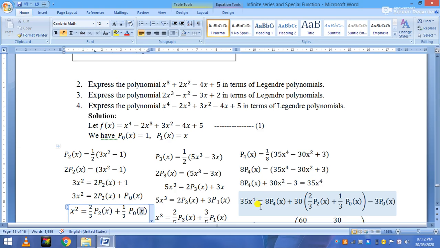35 x raised to 4 is equal to 8 into P4 of x plus 30 into the x square value we know here, 2 by 3 into P2 of x plus 1 by 3 into P0 of x, minus 3 into P0 of x.